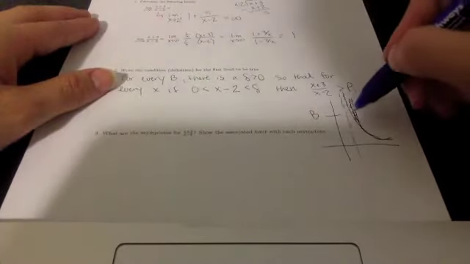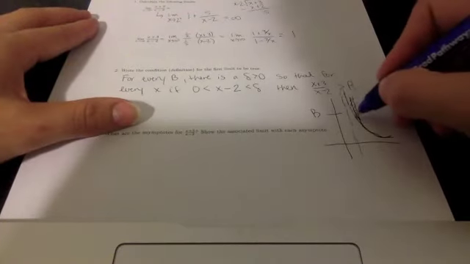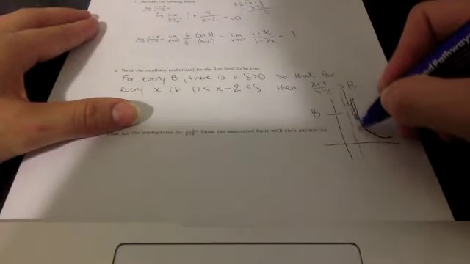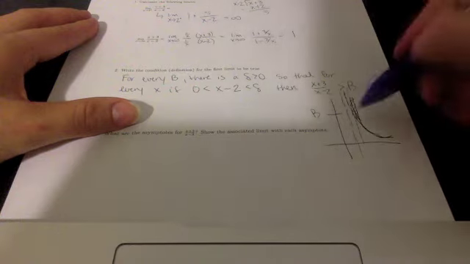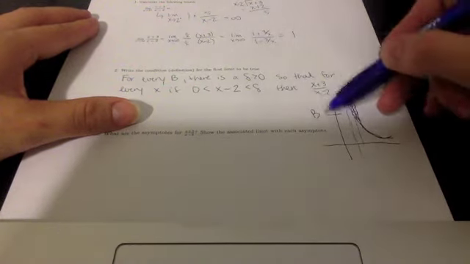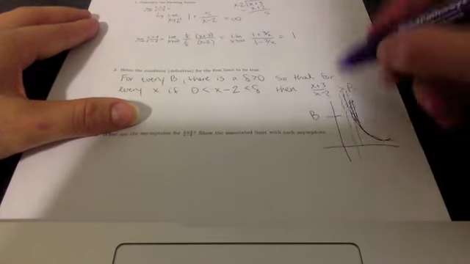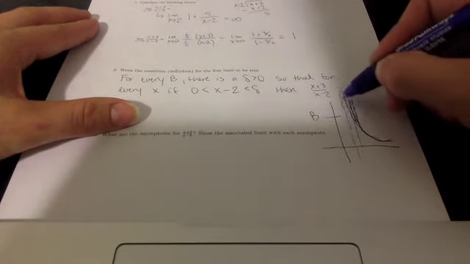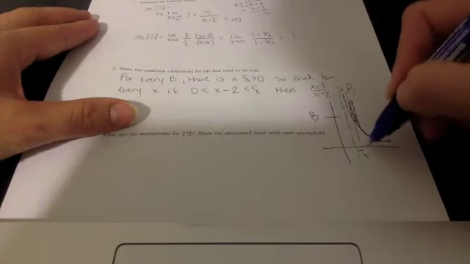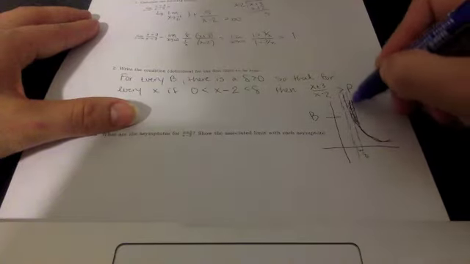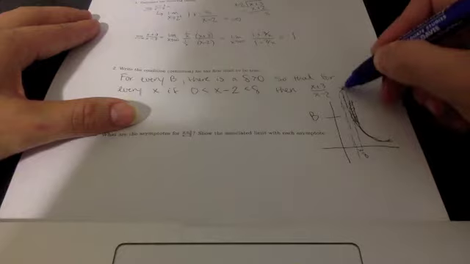Okay, so for any b, if we get within some delta, then our function has gone past b, right? So if this is our asymptote and this distance is our delta, if we get within this little delta window, we are above b, right?